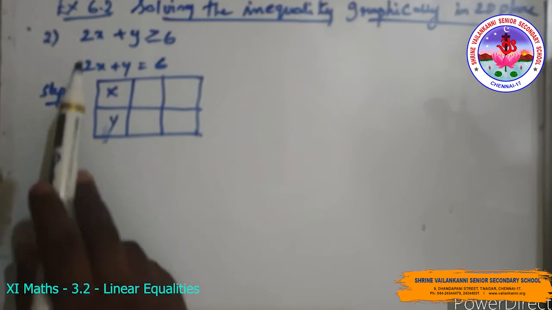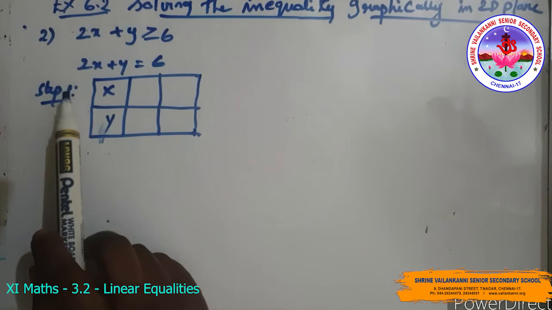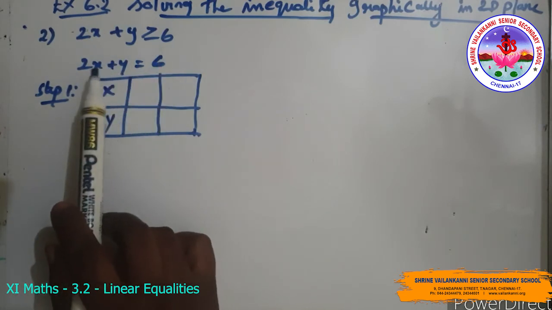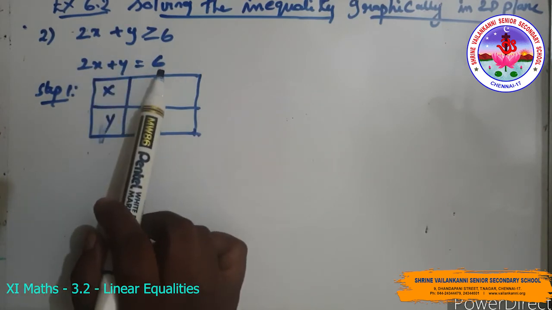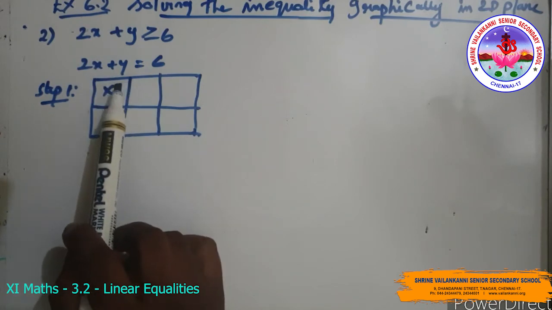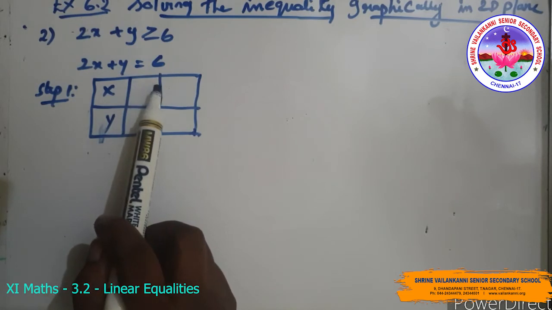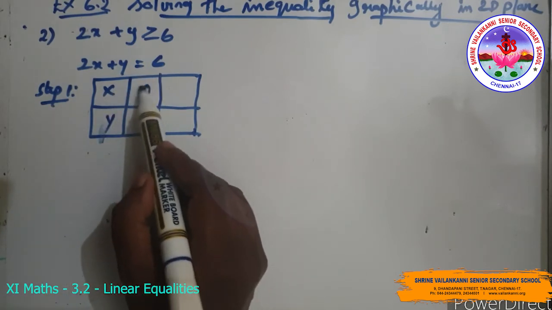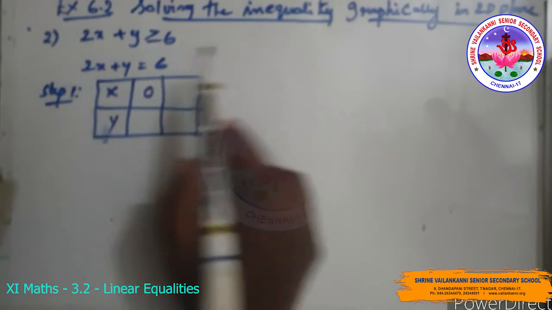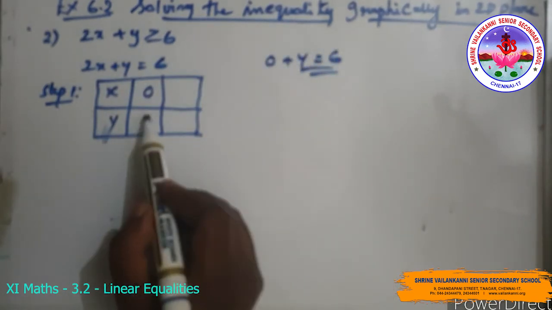Second one, 2x plus y greater than or equal to 6. So step 1, we have to write this as the equation 2x plus y equal to 6. Put x equal to 0, get the value of y, and put y equal to 0, get the value of x. When x is 0, we get y equal to 6.